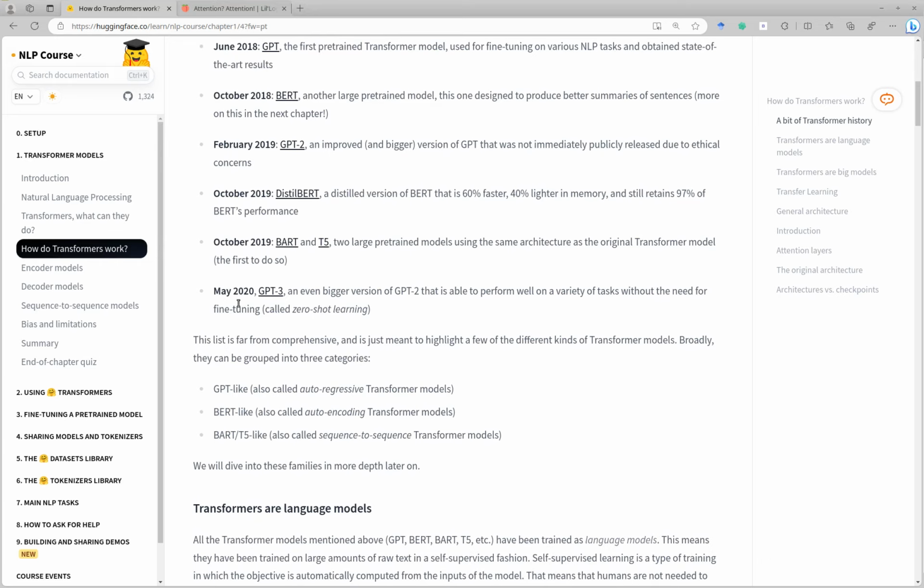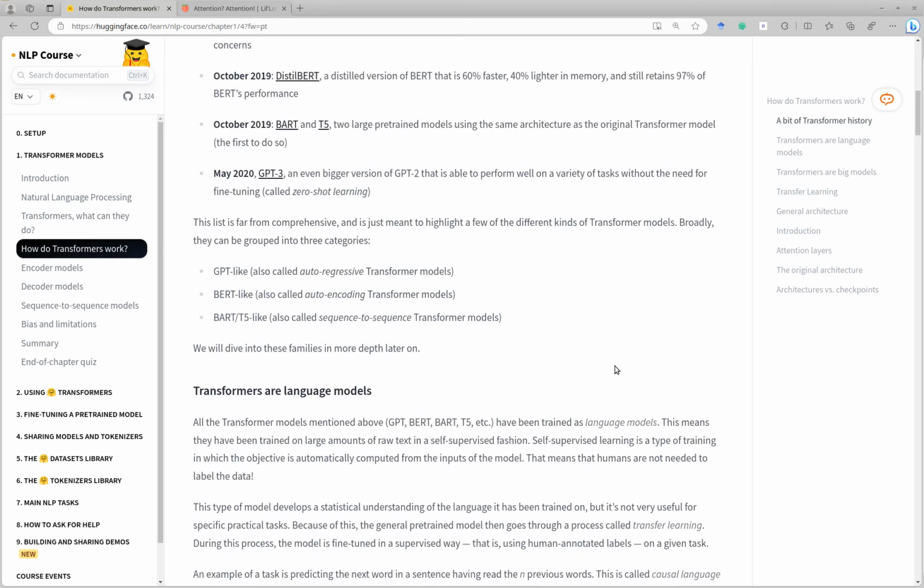And in May 2020, GPT-3, which is an even bigger version of GPT-2, was introduced. GPT-3 works well without the need for fine-tuning in a large variety of tasks, and it is publicly available as well.